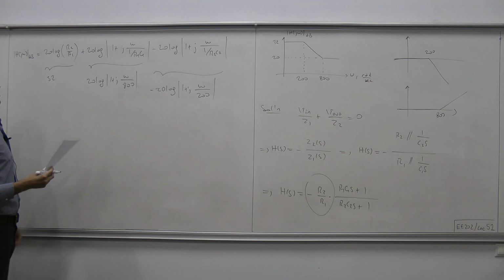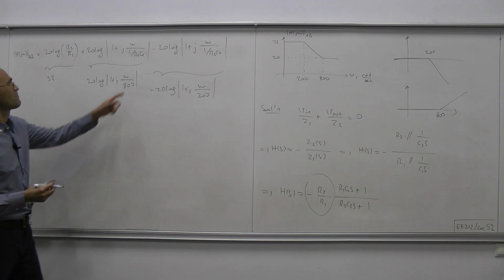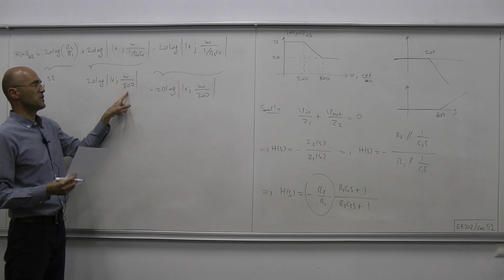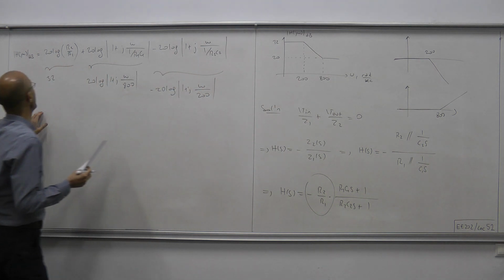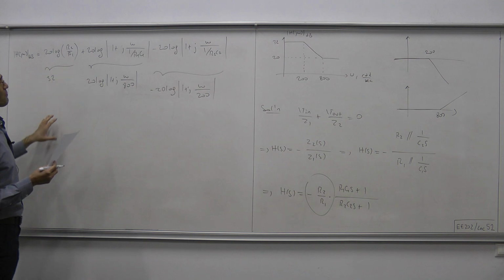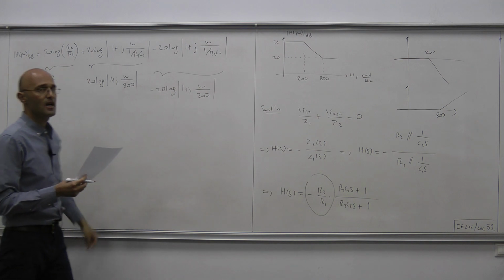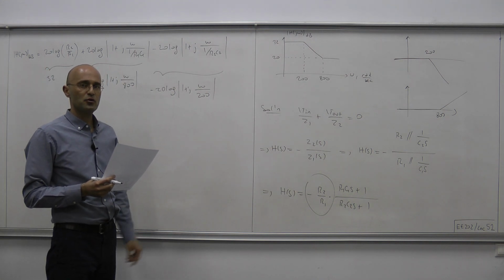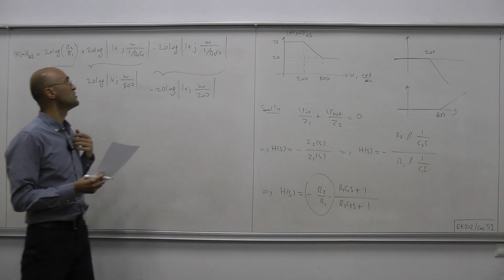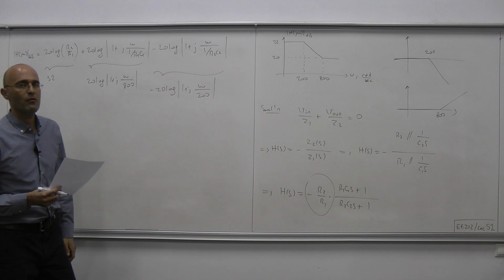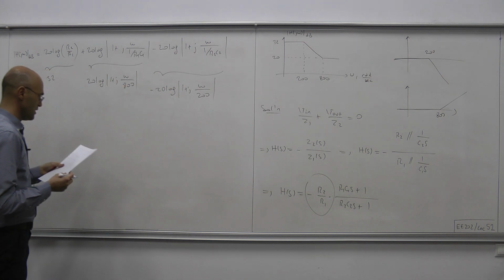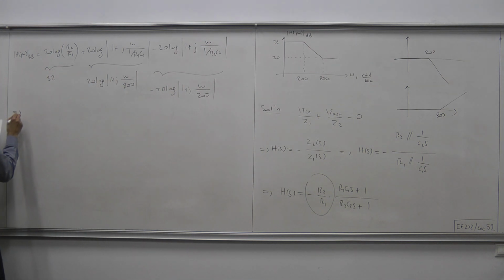So what we have obtained therefore is 1 over R1C1 must equal 800, 1 over R2C2 must equal 200, and 20 log R2 over R1 must be 32. So we have 3 equations, and C1 was already given, so we have 3 unknowns, so we have what we need. Let's proceed with this solution.